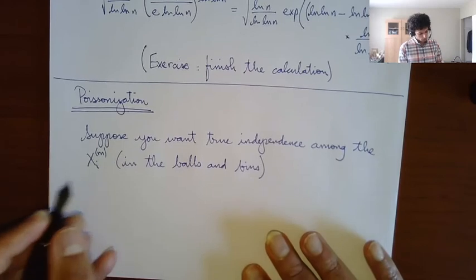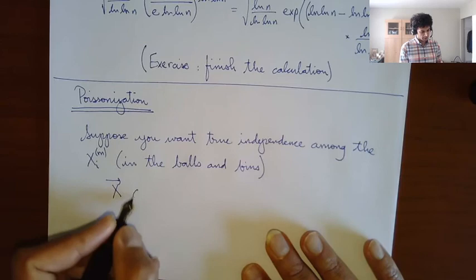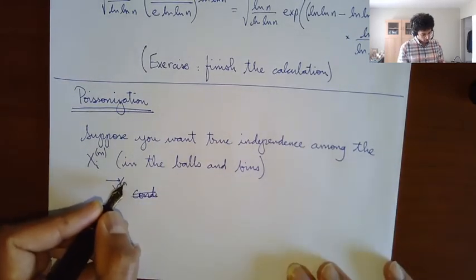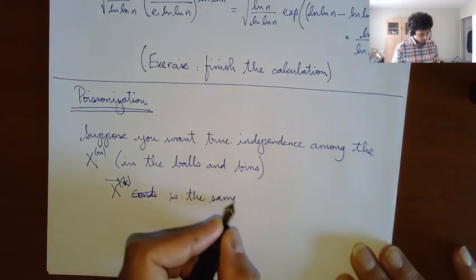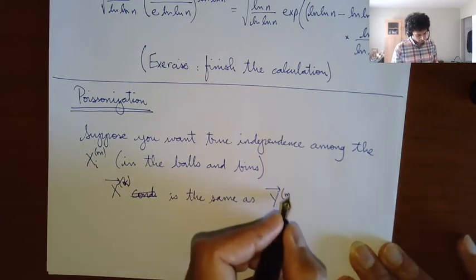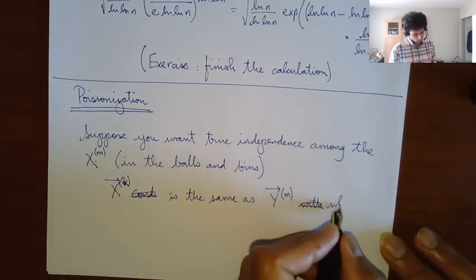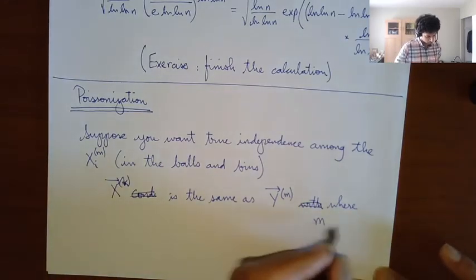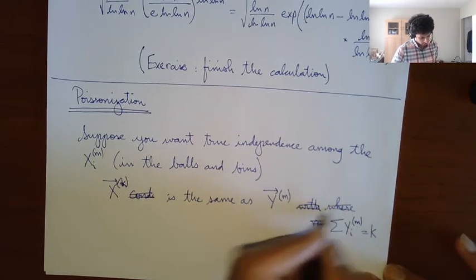We know that this vector X, the distribution of X of k, is the same as the distribution of Y of m, conditioned on the summation of Y_i of m being equal to k.